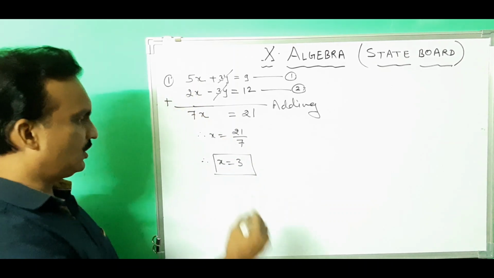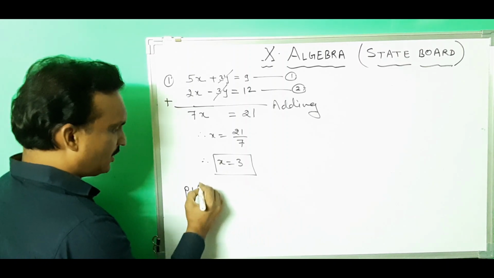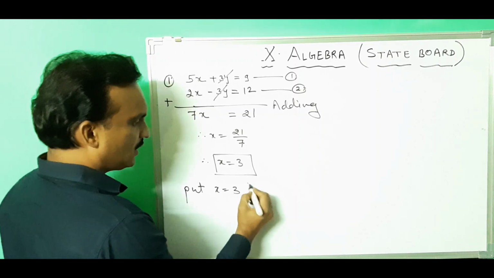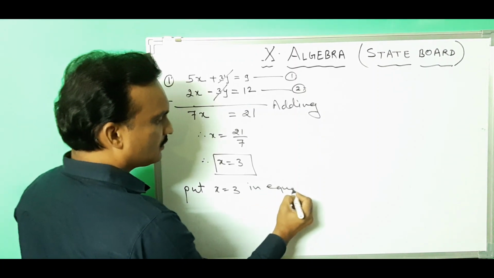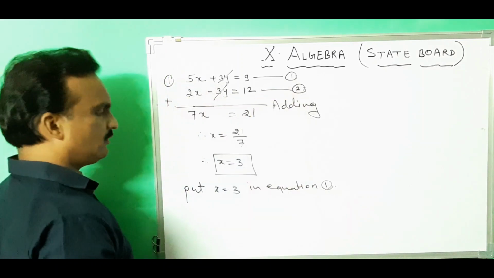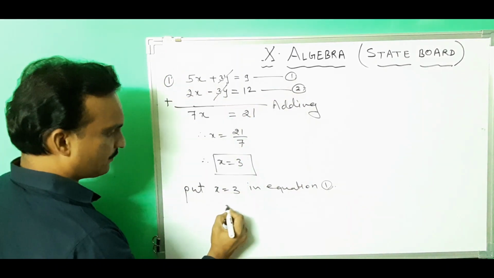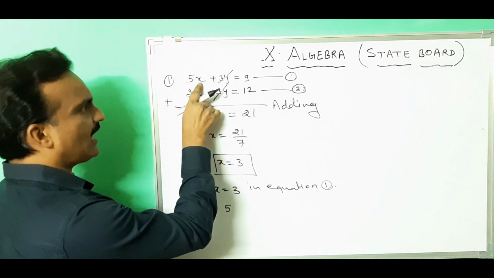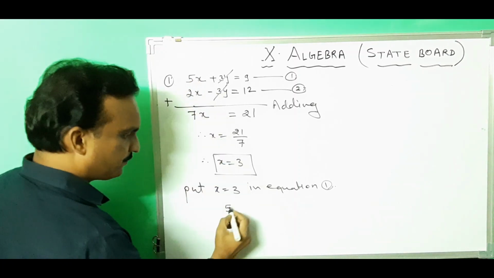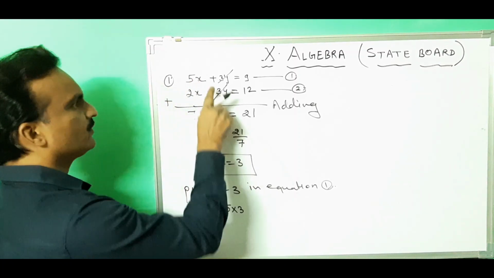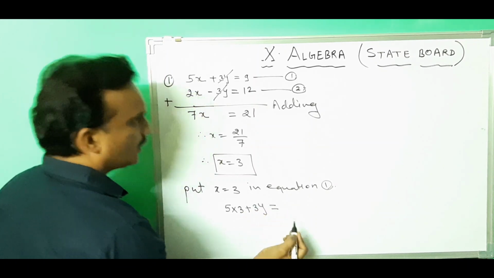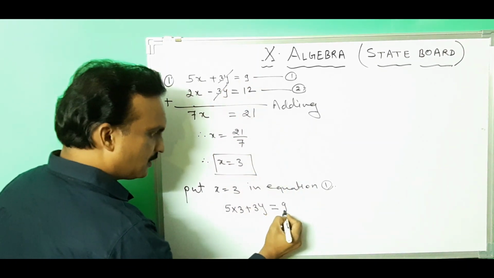I will write here, substitute x equal to 3 in equation 1. Okay, so what will you get? Here you have 5x and the value of x is 3. So 5 into 3 plus 3y equal to 9.